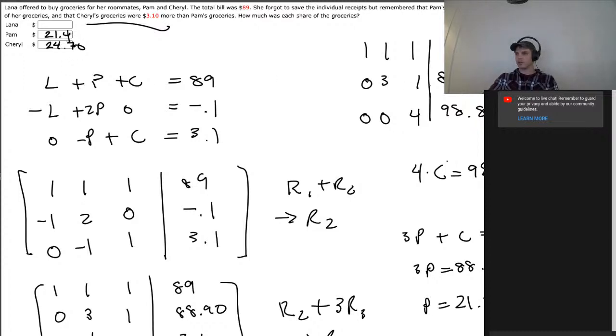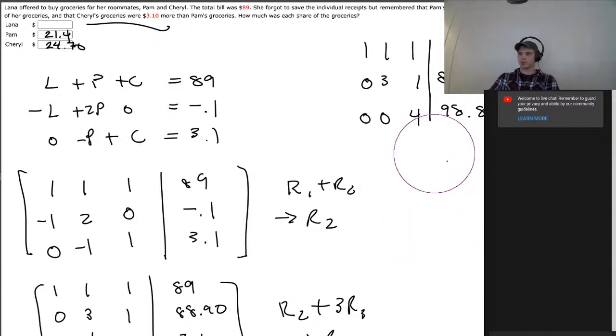And then, from the first equation here, let me make some space. The first line says essentially Lana plus Pam plus Cheryl equals 89, but we know Pam and Cheryl, so Lana equals 89 minus Pam minus Cheryl, which is 89 minus 21.4 minus 24.7.